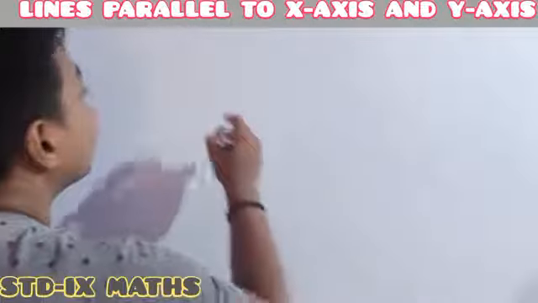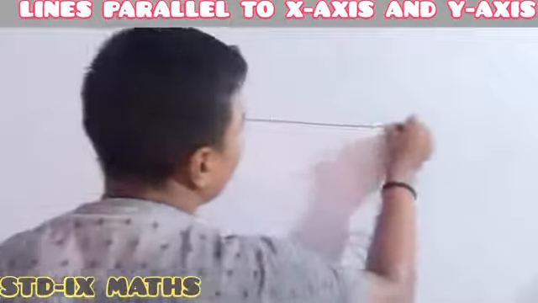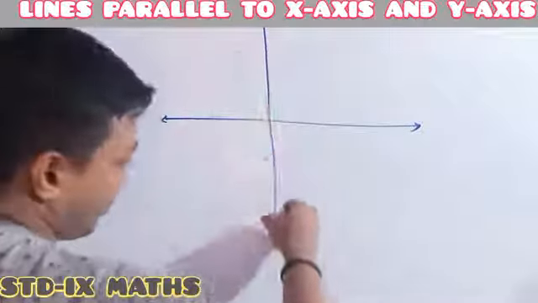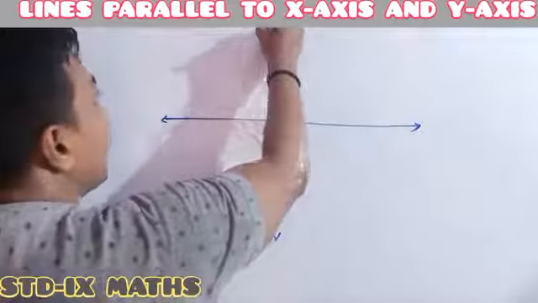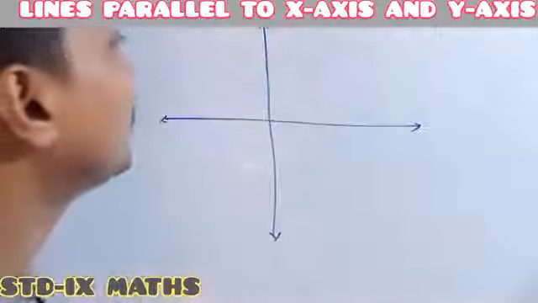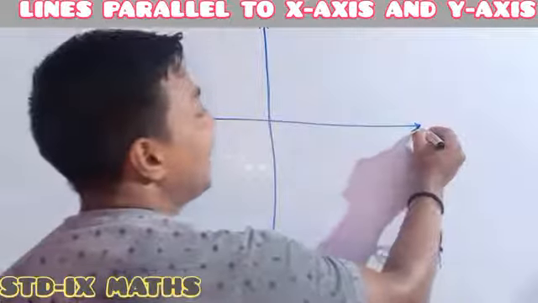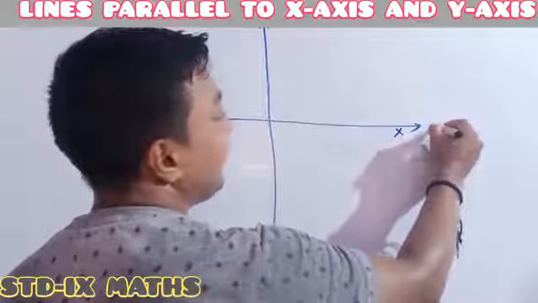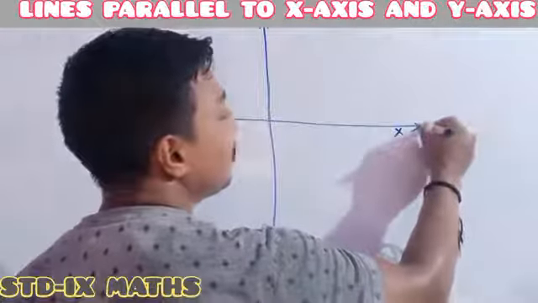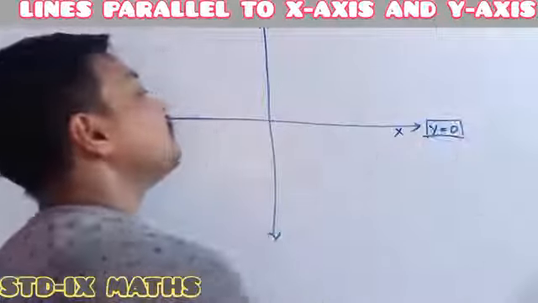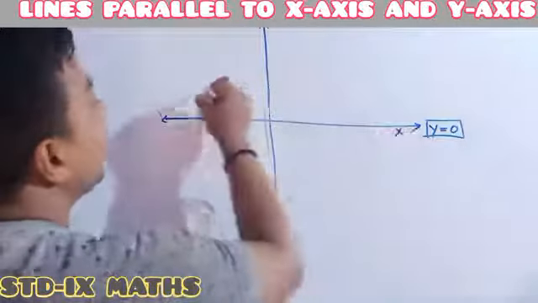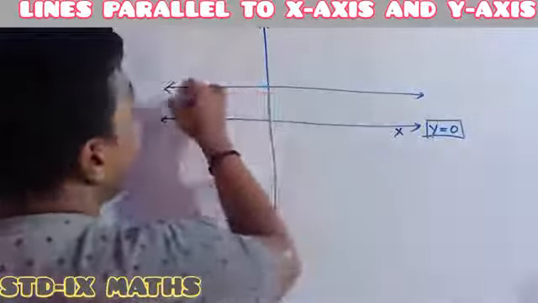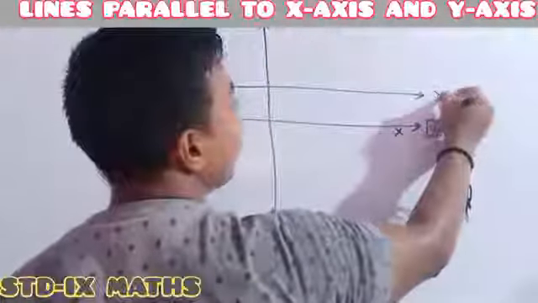See, how to remember. This one is the x-axis. Its linear equation is y is equal to 0. Any line parallel to the x-axis at 1 unit on the upper side becomes y is equal to 1.